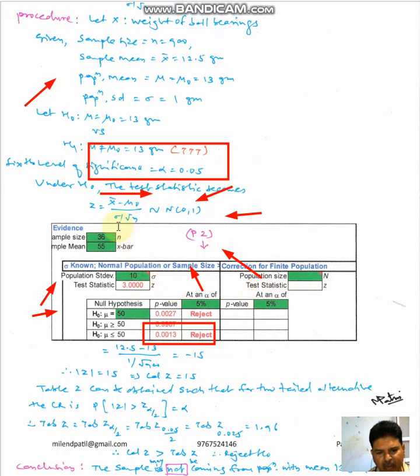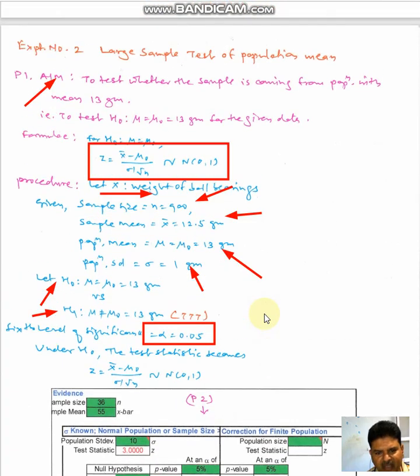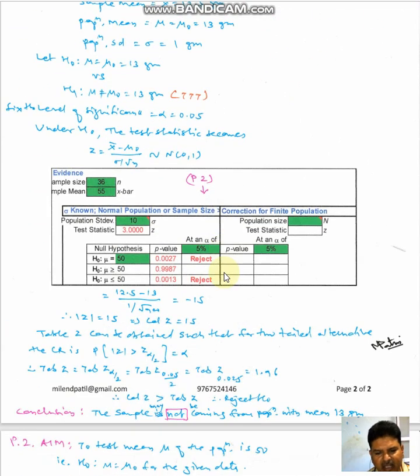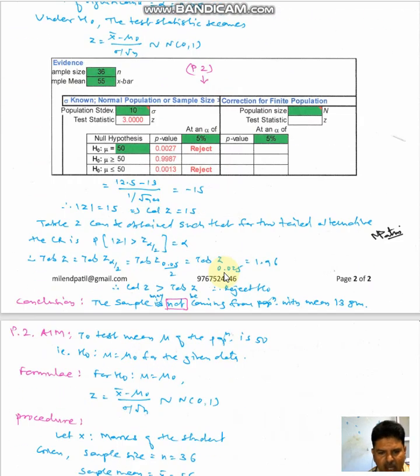First we have to write down the formula, and once you write down the formula, then put the values in the formula. And once we put the values in the formula, find out the outcome.